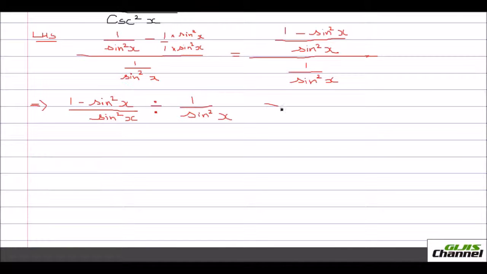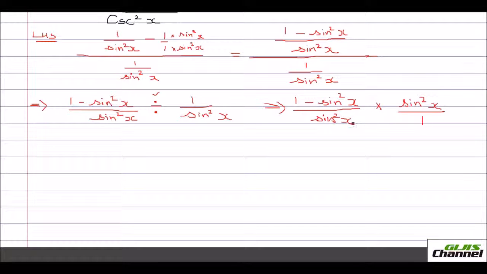Now how do I do this? I just make the division into multiplication and flip the second part, right? So that is 1 minus sine square x divided by sine square x. Division, I change it into multiplication and flip the second part like sine square x divided by 1.